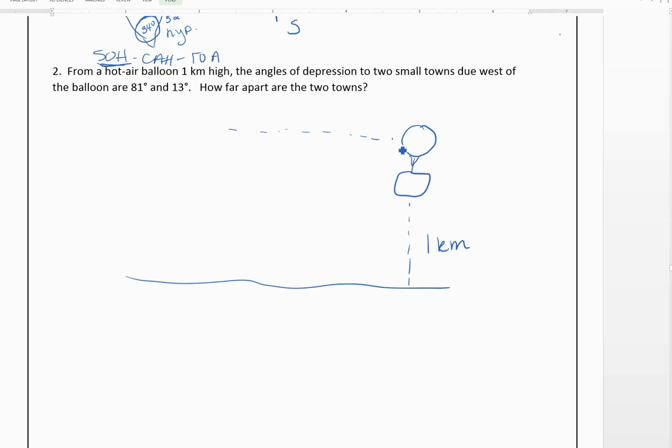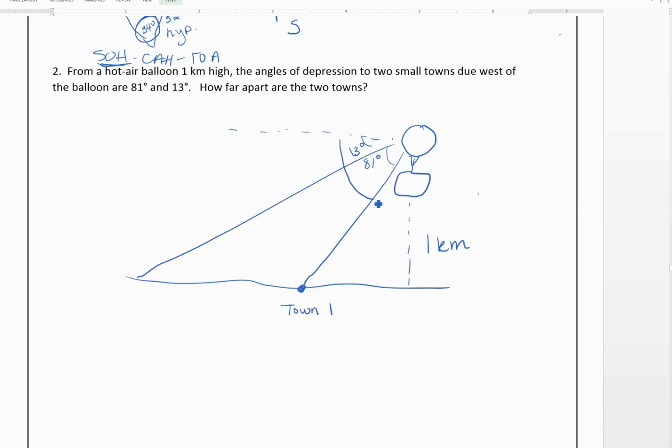So the first angle of depression, 81 degrees. Or this would be 81 degrees. So this would be town 1. And then the other one is only 13 degrees.